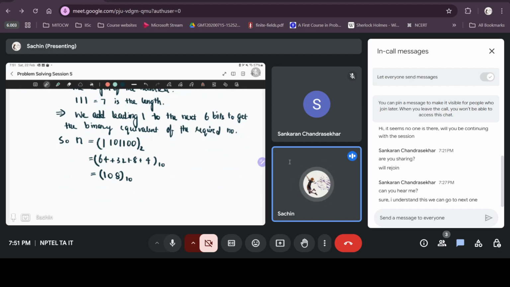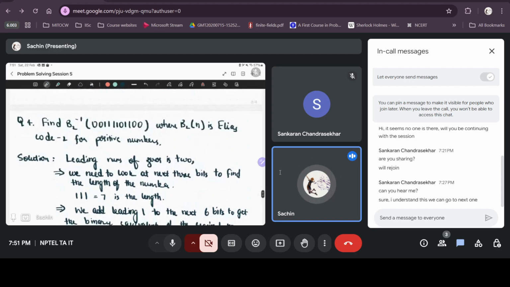And in the alias1 code, you first see the number of runs of zeros before the leading one. So you see that there are two zeros. And if there are two zeros, then the next three digits will give you the length of the number. So the next three digits are 111, which is 7 in decimal.